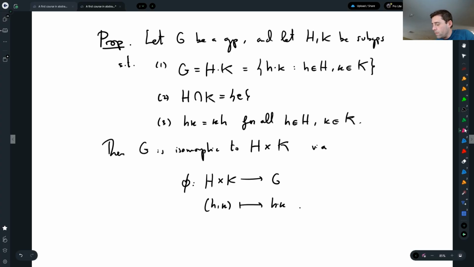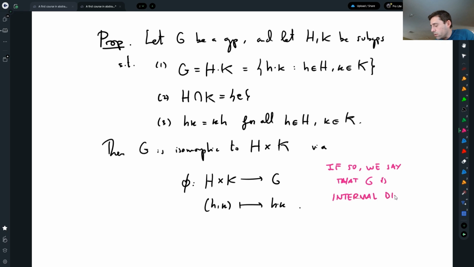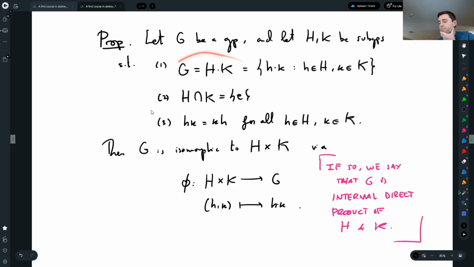If so, we say that G is the internal direct product of H and K. Okay, so this is the definition of internal direct product, if this happens.